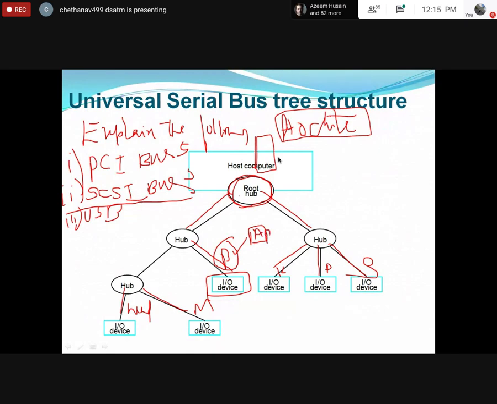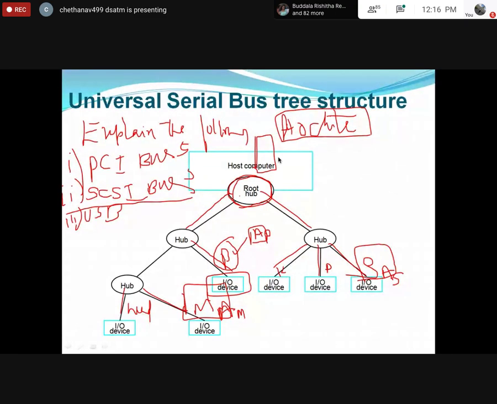And here also a scanner is there, so this device also has an address of my scanner. Here also, this is what I have written here, mouse, right? So this device also has its own AM. AM means what? Address of the mouse, right? Like this, each and every device has its own address.